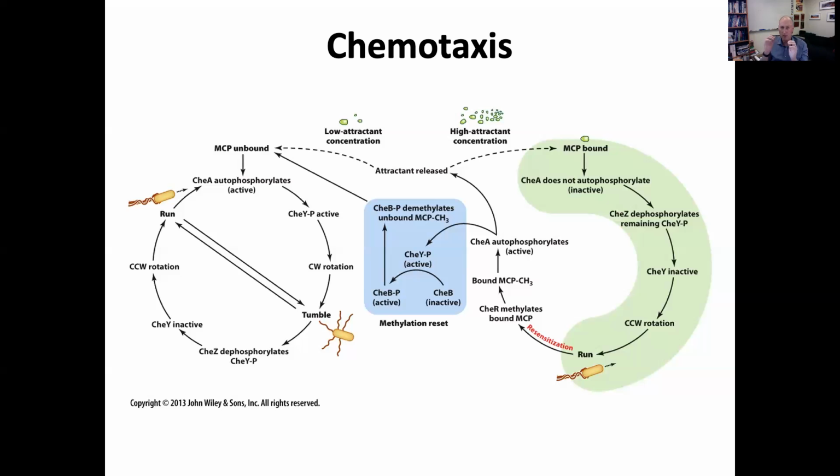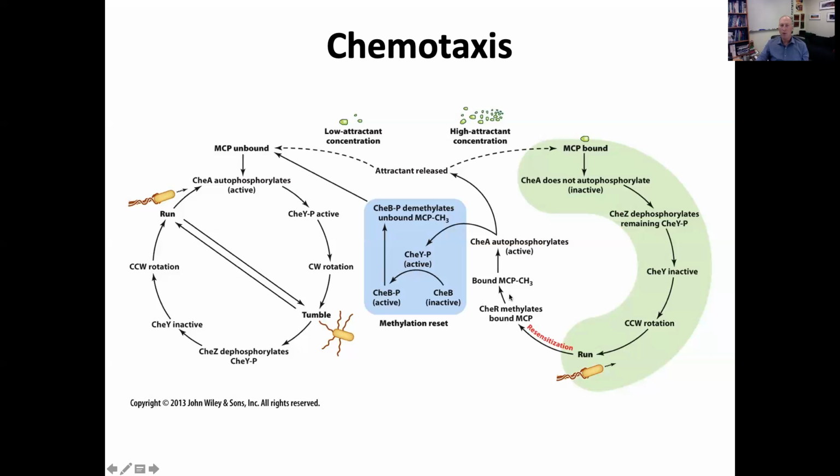So as you get a lot of the attractant bound to the MCPs, CheR adds more methyl groups and reduces the MCP's affinity for the attractant. So you have to have more and more attractant to stay bound as you get more and more methyl groups.